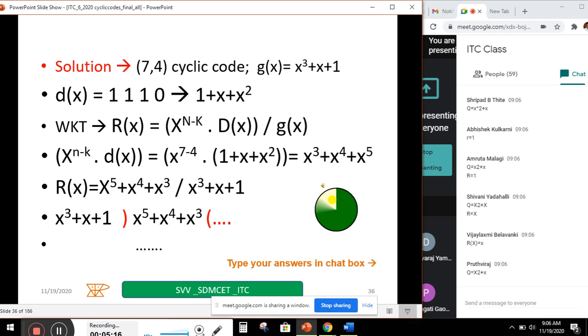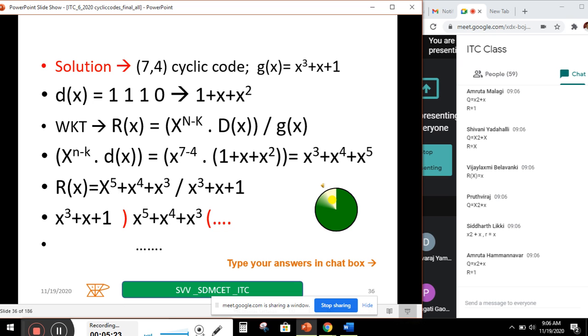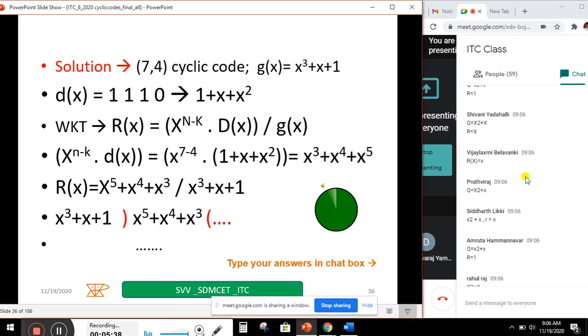I'm sure most of you are getting the same answer, even Prithviraj got x square plus x, r equal to x. But some people are getting r equal to 1. Please check it. Amrita got r equal to 1, whereas Siddharth got r equal to x. Vijay Lakshmi got r equal to x. Shivani got r equal to x.